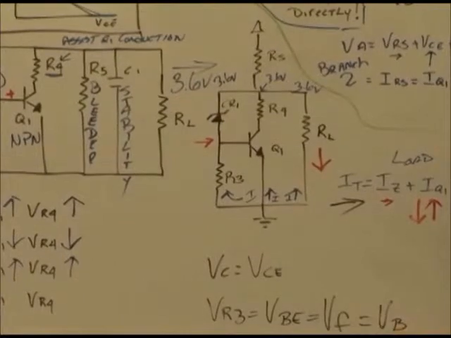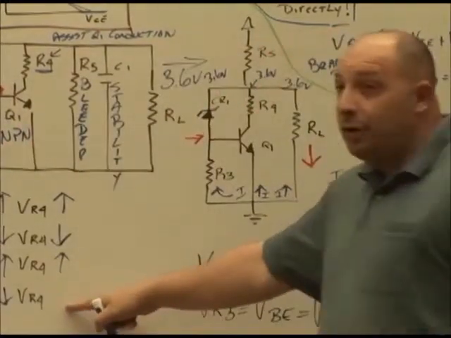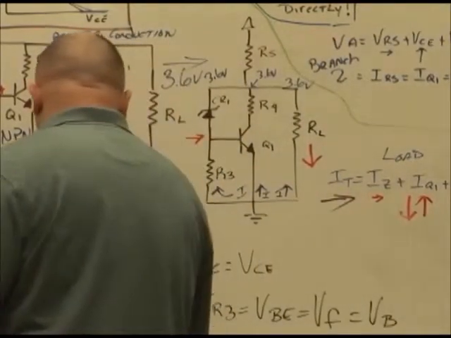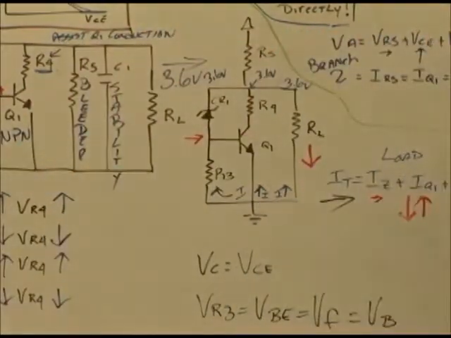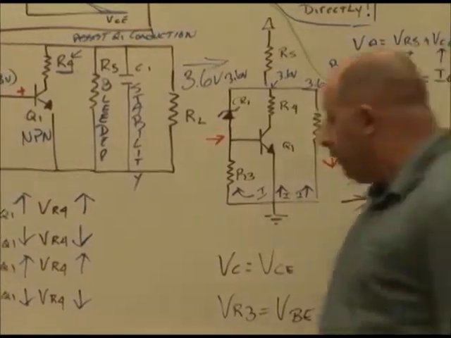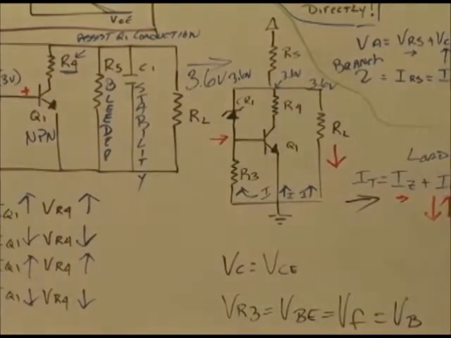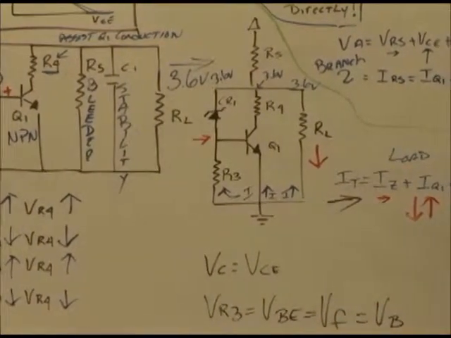Less transistor current, so it conducts less. Voltage drop across R4 decreases. Since VR4 goes down, VCE has to go up. So I need that 3.6 volts back. Amazing. There it is.